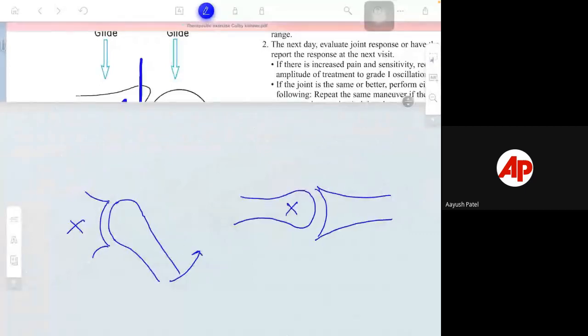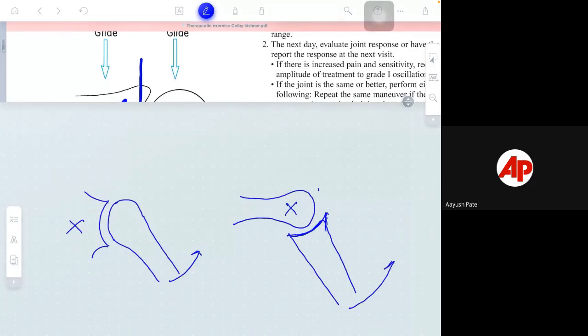The convex bone is fixed. This is what bone? Concave bone. Opposite. Now the concave bone is moving. This is an example for the knee. This is an example for the shoulder.